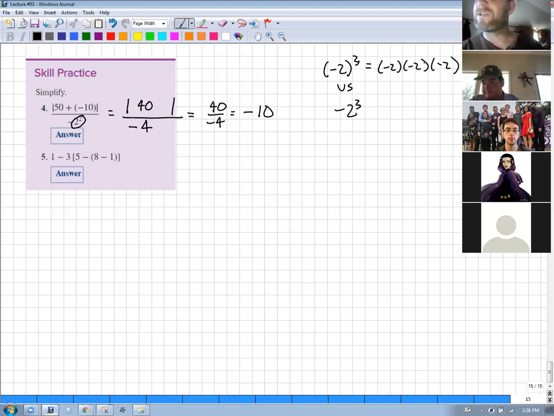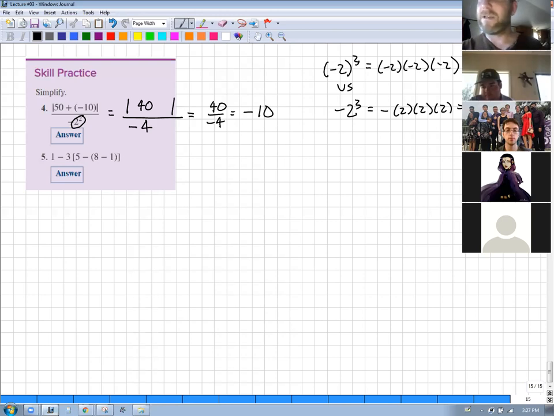Minus minus cancel, and then we're left with another minus. 2 times 2 is 4 times 2 is 8. This is a negative 2 times 2 times 2, which is also negative 8. So these happen to be equal, but for totally different reasons.